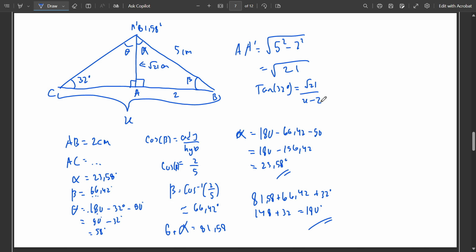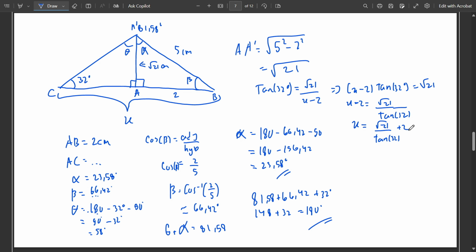If we multiply both sides by x minus 2, we have x minus 2 times tangent of 32 degrees equals square root of 21. So x minus 2 is equal to square root of 21 over tangent 32 degrees, which leaves us with x equals square root of 21 over tangent of 32 plus 2.